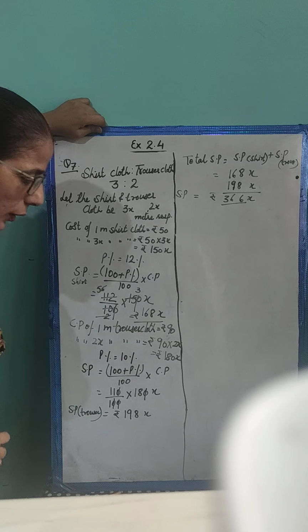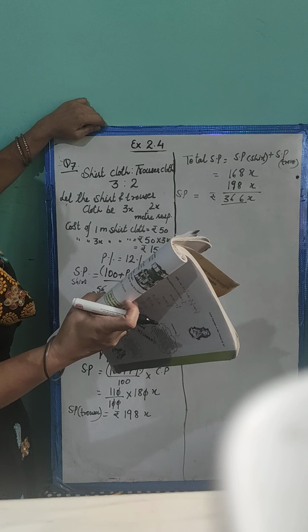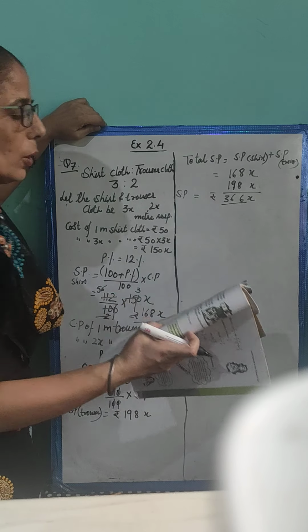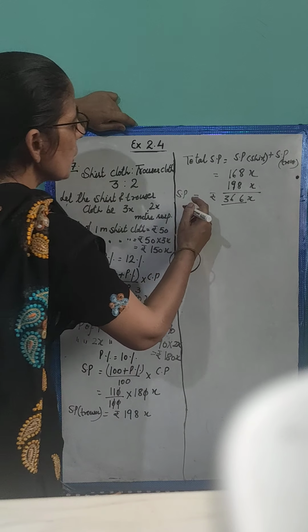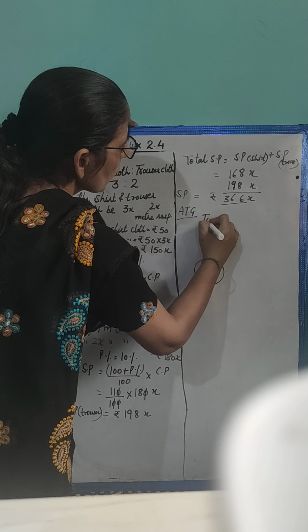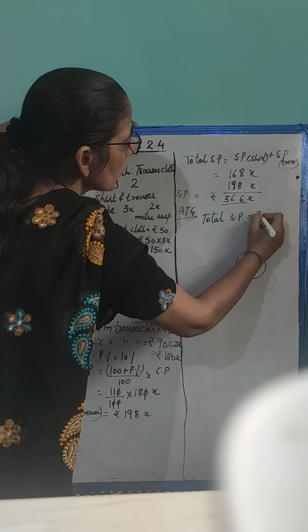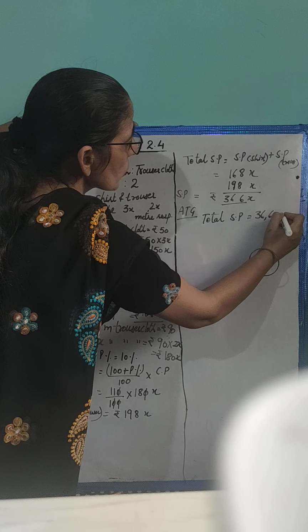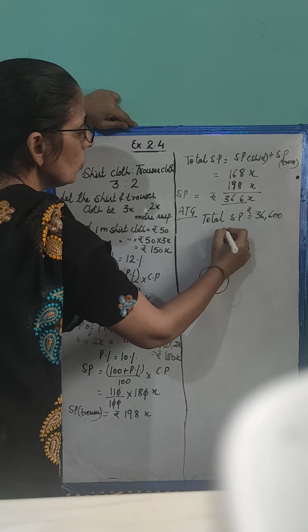But what is given here in the question? The total sale is 36,600 rupees. According to the given total sale, the total SP is 36600 rupees. So equate these two.